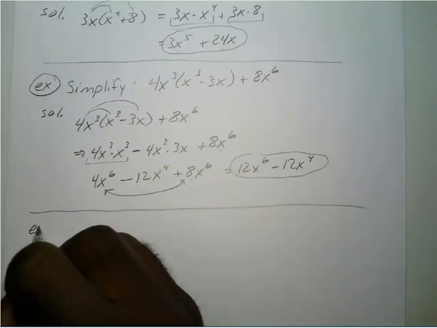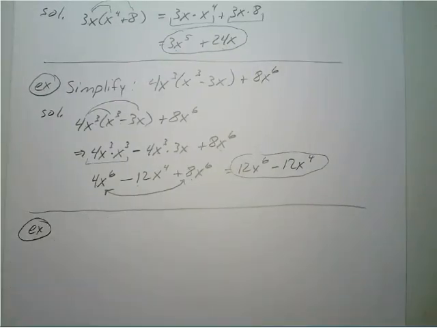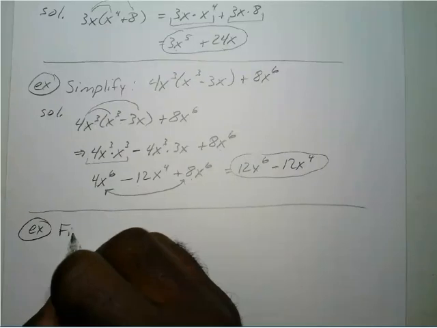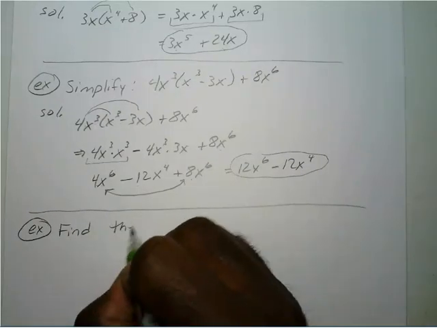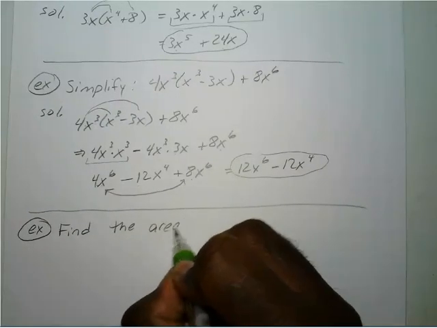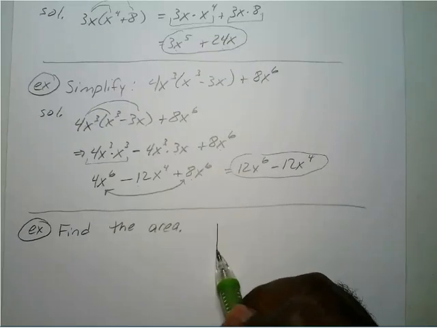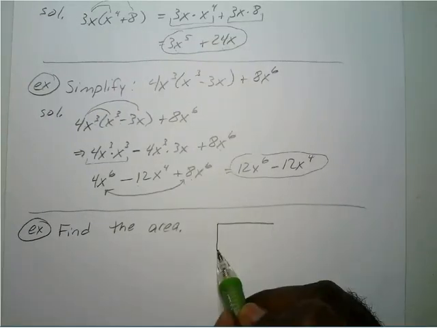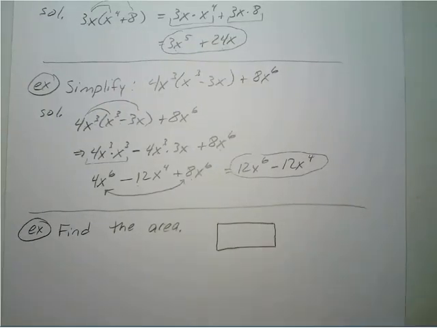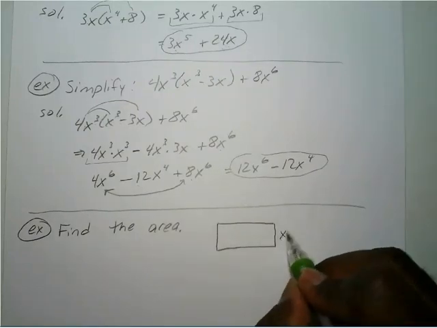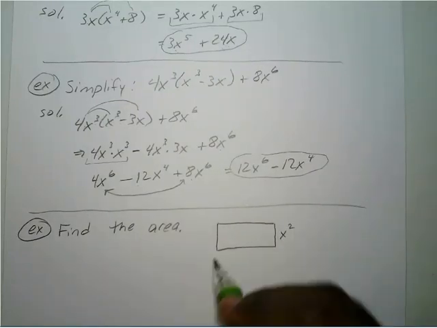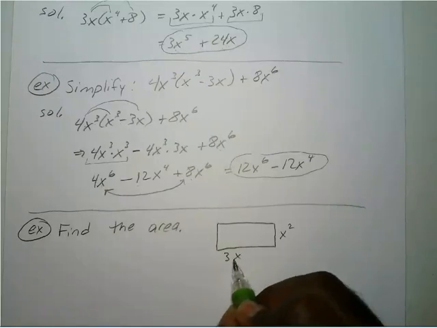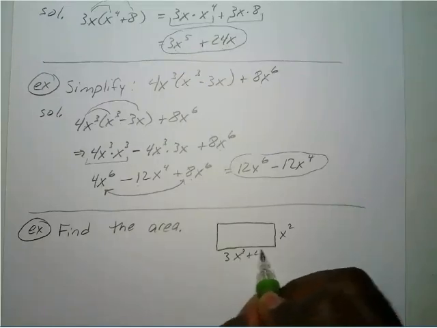Okay, so what if we want to find the area of a rectangle where one side is x squared and the other side is 3x to the third power plus 4.